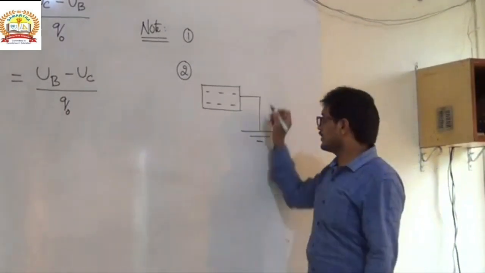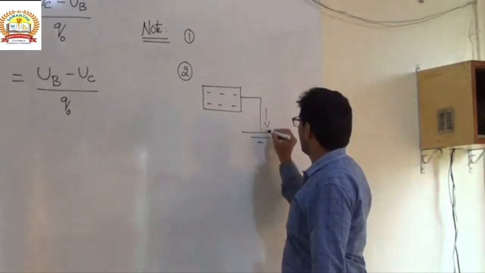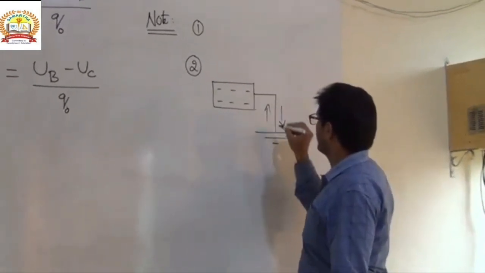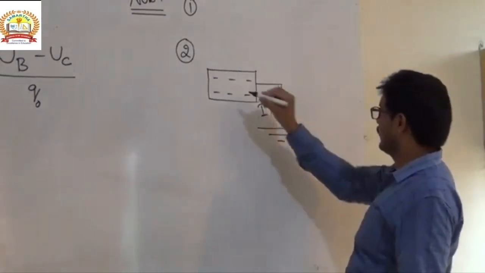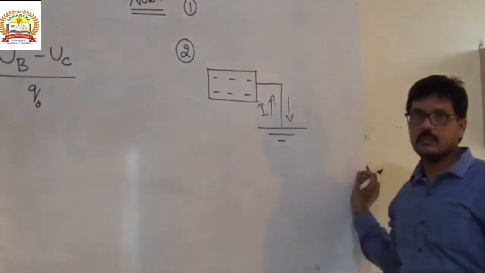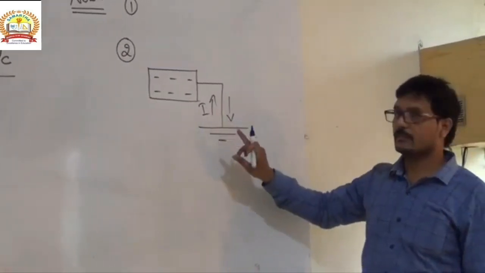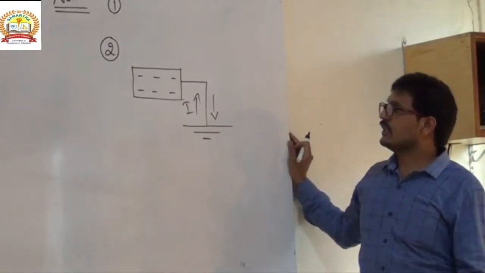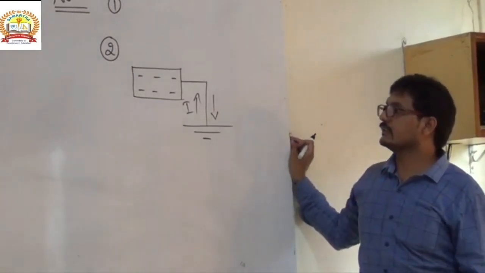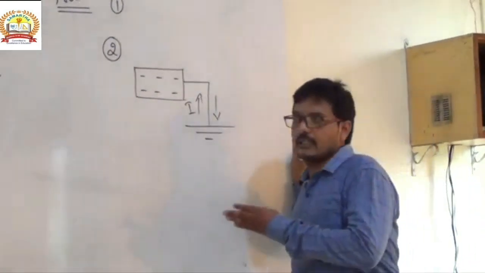The current direction will be opposite. Initially the body has the lower, negative potential.